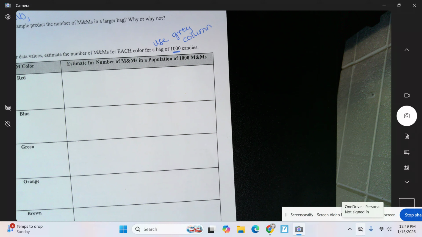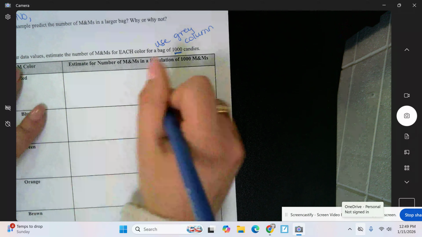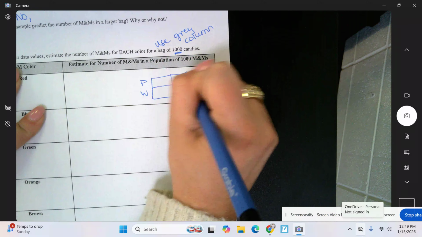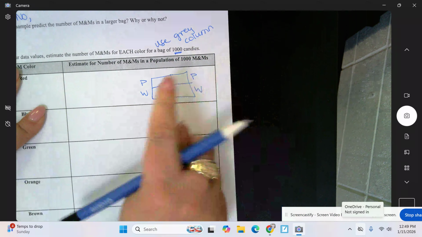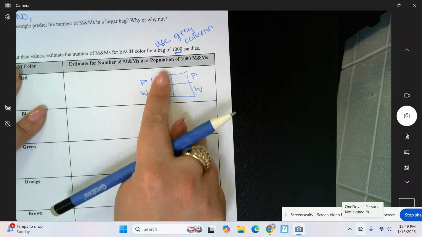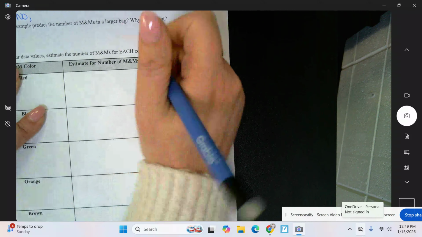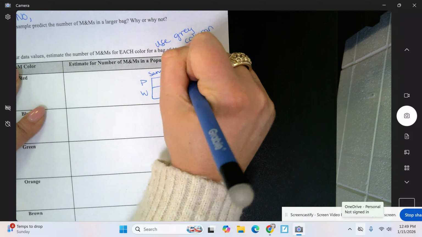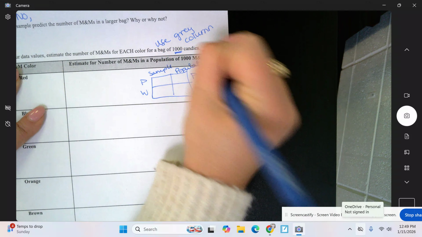The ratio box. And how have we been setting up a ratio box? The part over the whole. Part over whole. And then we've been letting these two things represent something. What has this one, the sample, and then the population?